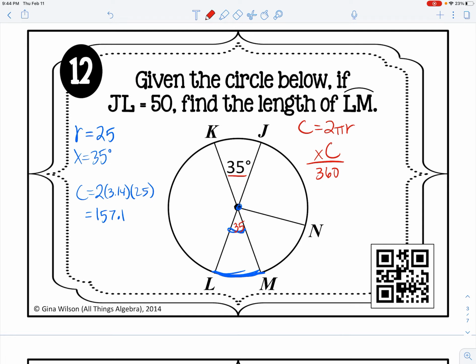Then we plug it into that second equation: 35 degrees times our 157.1 circumference over 360, and I get 15.3, about 15.2 or 15.3. That's our arc length LM.